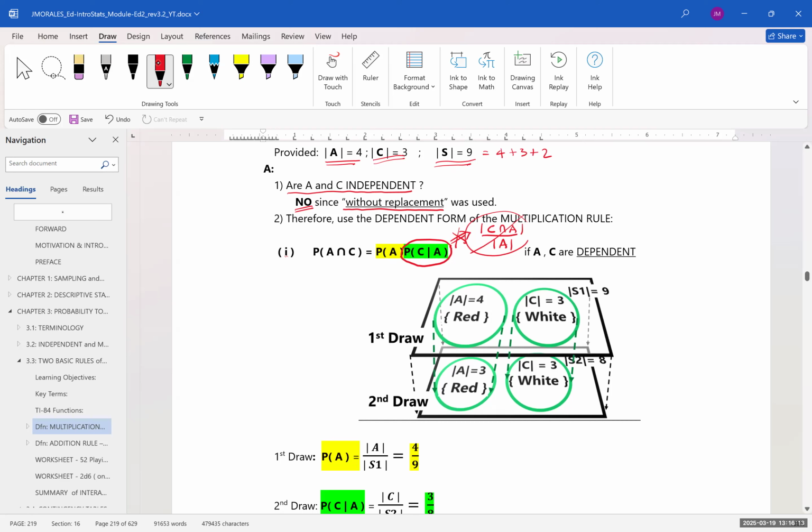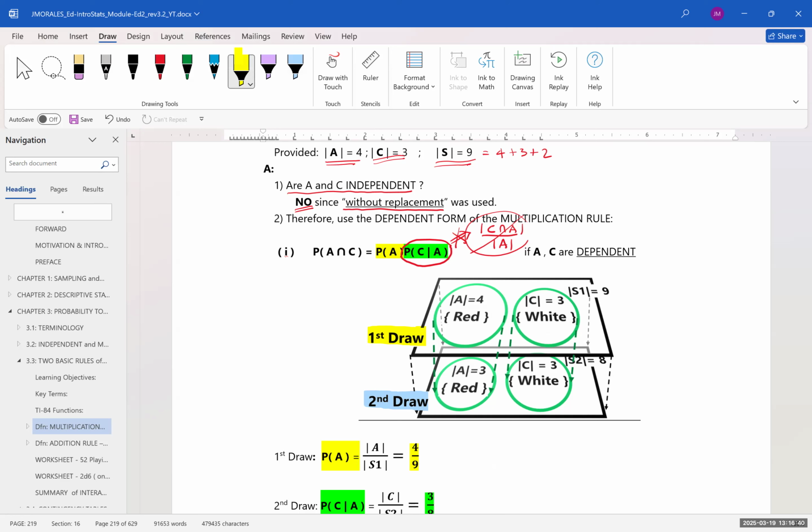So what I've done here is I've set up two Venn diagrams, one positioned above the other. You can see the first Venn diagram is the circumstances that we have surrounding our first marble draw. And then the second Venn diagram underneath are the circumstances surrounding our second marble draw.